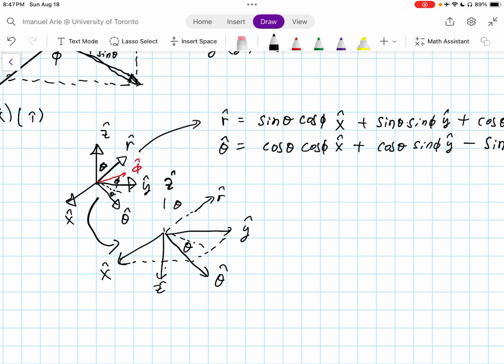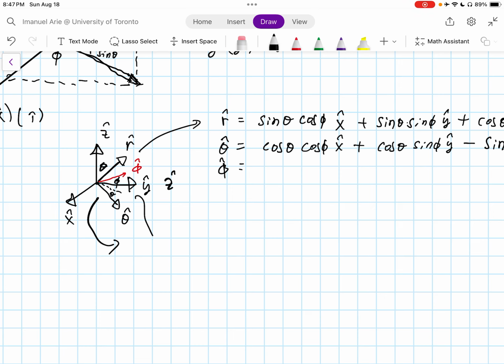Now what about phi hat? Well, let us zoom in so we can clearly see what's going on. Here, basically, we have the negative x hat, because phi hat is in the region where x is less than 0, but in the region where the y values are positive, or at least non-negative. And it creates an angle phi with the y-axis.